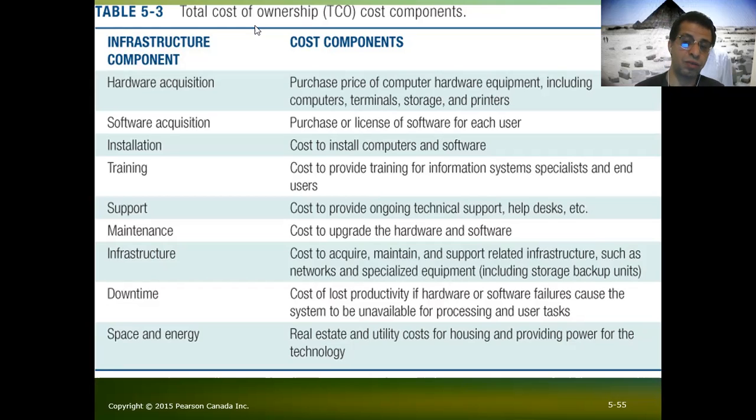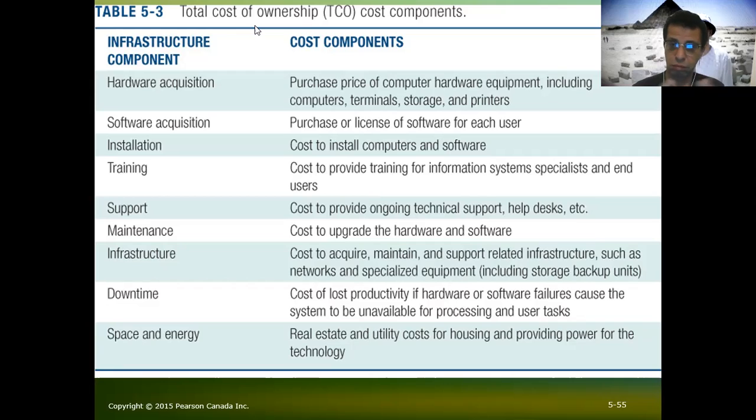Then you have training, where you train people on it, which is the cost of providing training for information system specialists and the end users. You have the support part, which is the cost of providing ongoing technical support. These all come in as total cost of ownership.